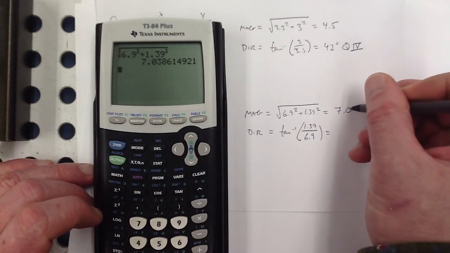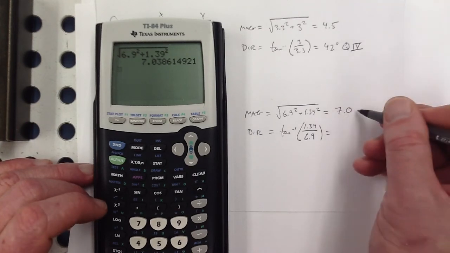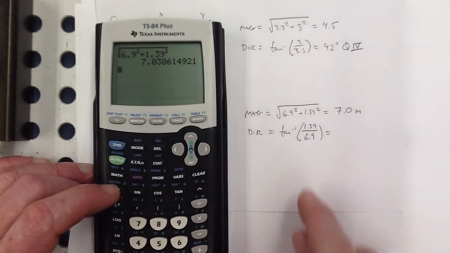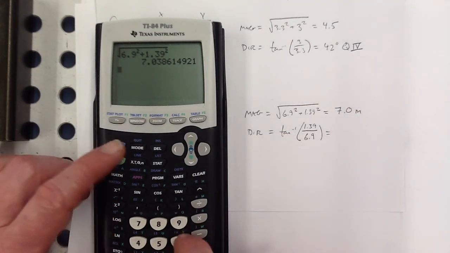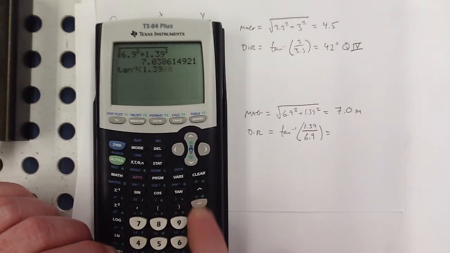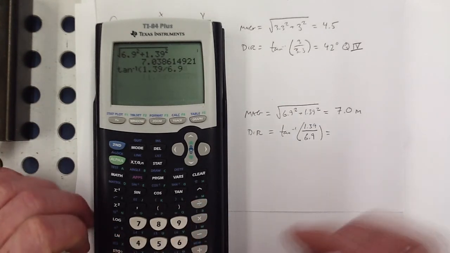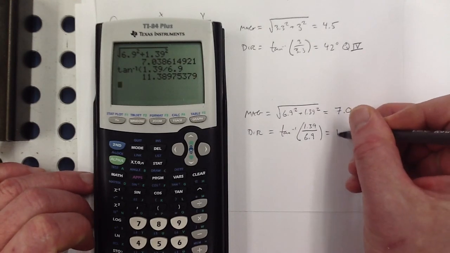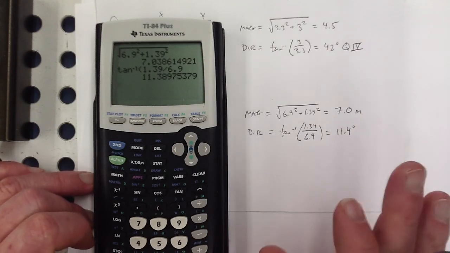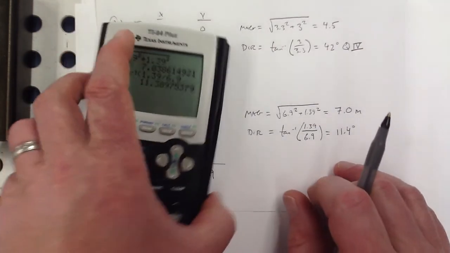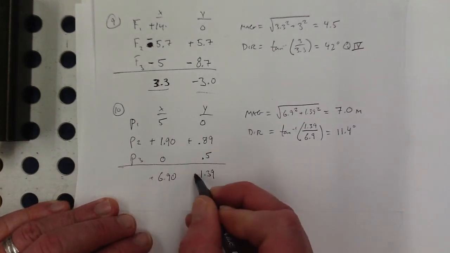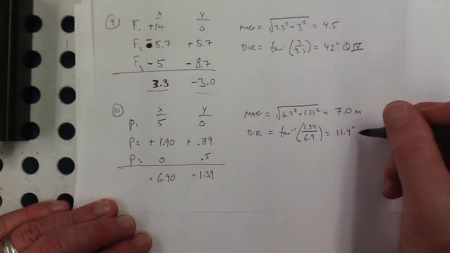I think I'll just keep the nearest tenth, so 7.0 meters. And here we get tangent inverse of 1.39 over 6.9, which is about 11.4 degrees. And this was a north, south, east, west problem, so when I say it's in the first quadrant here, that means north of east.